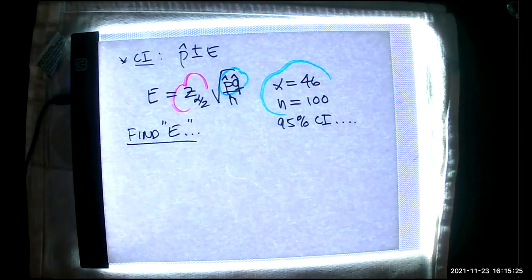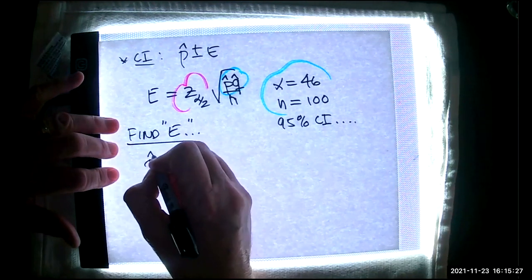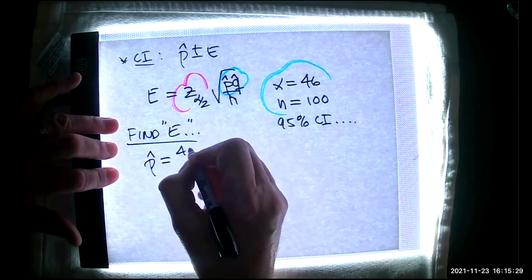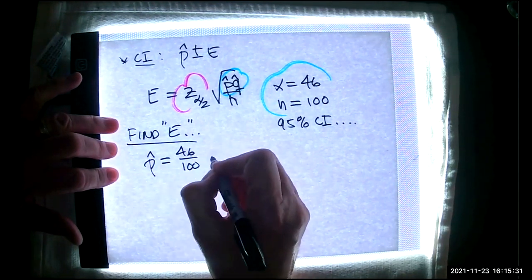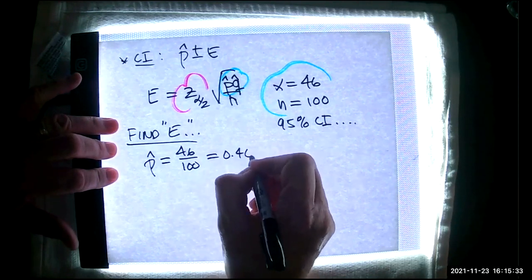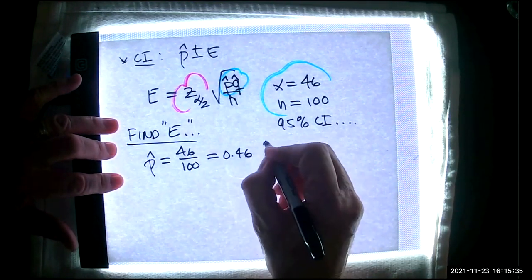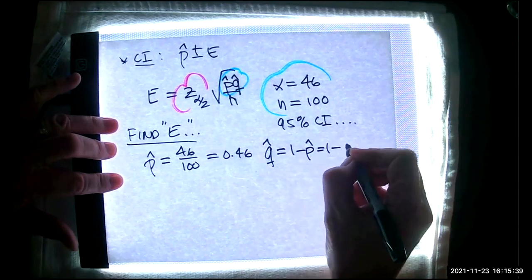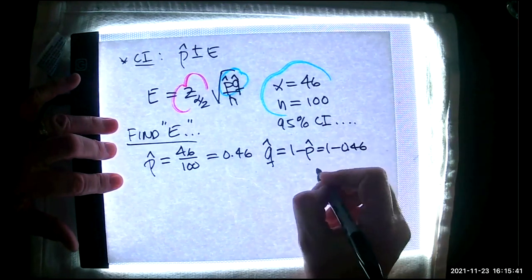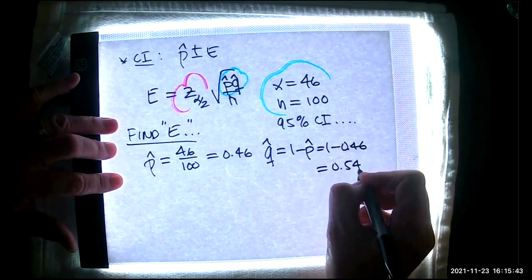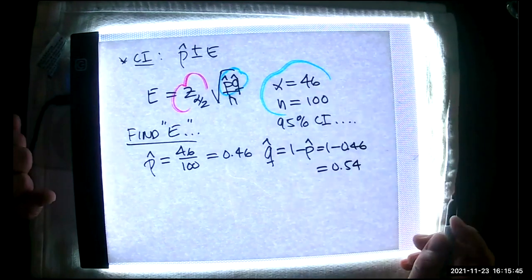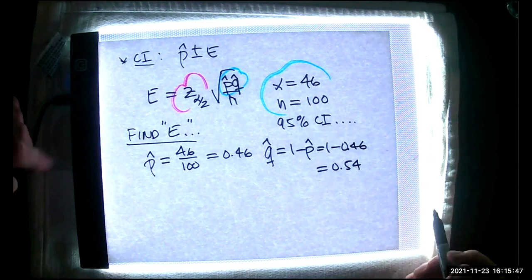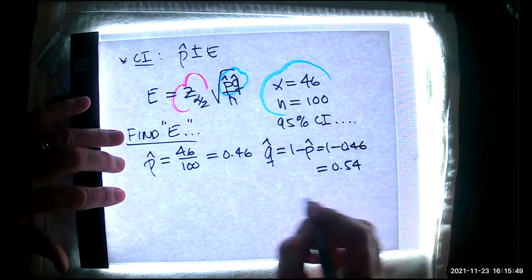So p hat is 46 over 100, 0.46. Q hat is 1 minus p hat, 1 minus 0.46 equals 0.54. We already know what n is. Remember, p hat and q hat must always add to 1.